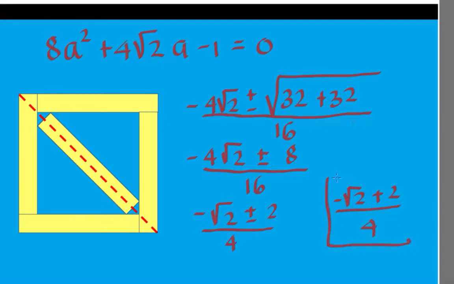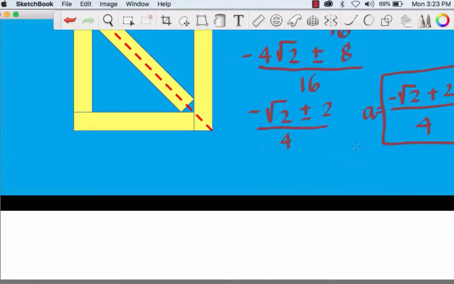This is the value of A. That means this small width here is equal to this value. Now, to find the value of B, we know that A plus B is equal to 1. Therefore, B is equal to 1 minus A.